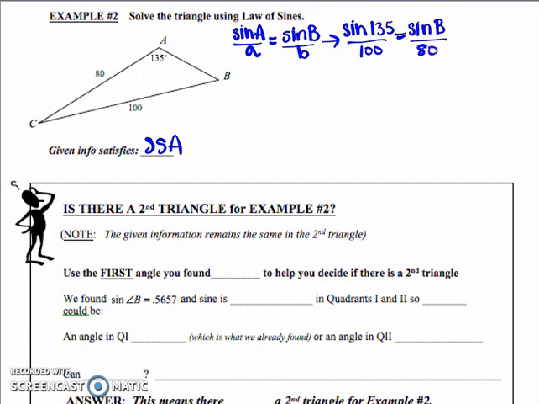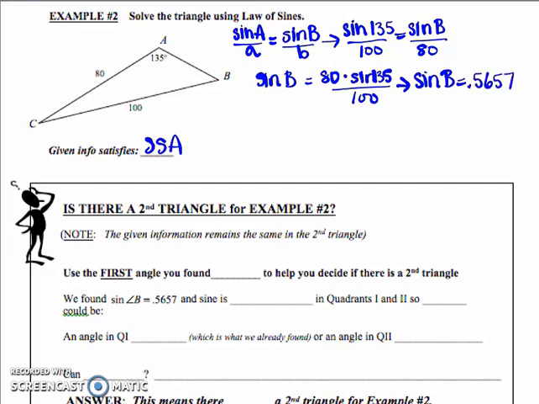Okay. I do my algebra here. So what I'm going to end up with is the sine of angle B is going to be equal to 80 times the sine of 135 over 100. Okay, now I can do the math there. 80 times sine of 135 divided by 100 tells me that the sine of angle B is 0.5657.